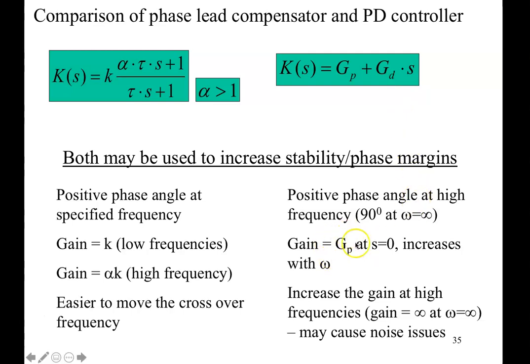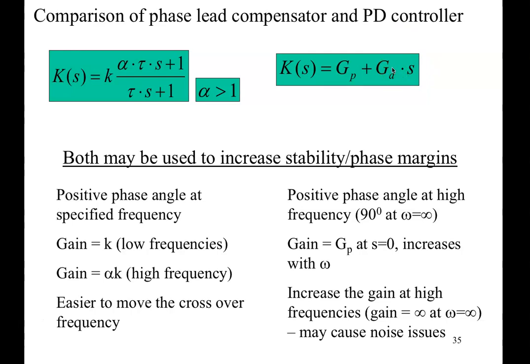The DC gain at lower frequency is proportional. For s equals 0, this is the GP. At higher frequency, the gain will be very high because of the second term, s equals j omega. If omega tends to infinity, then the second term tends to infinity.